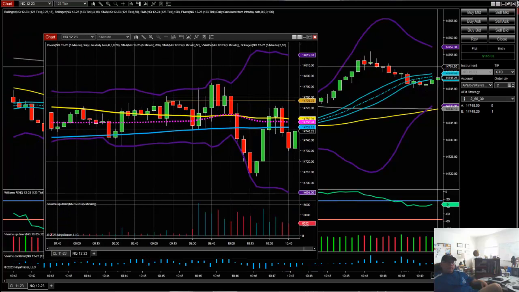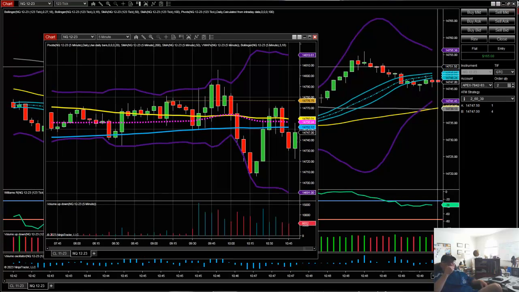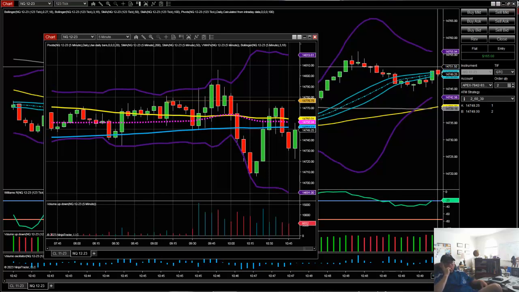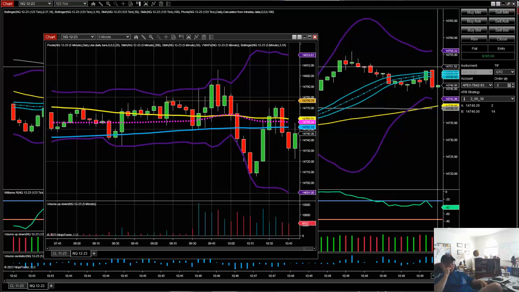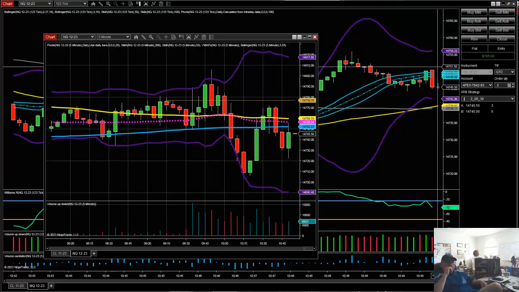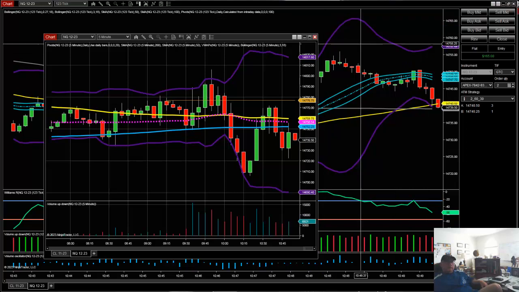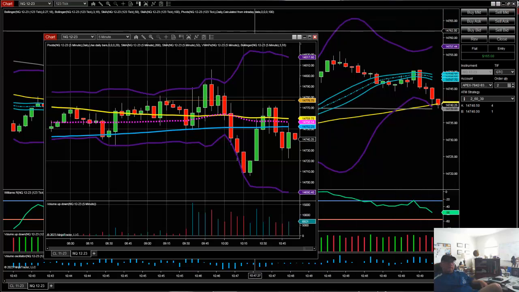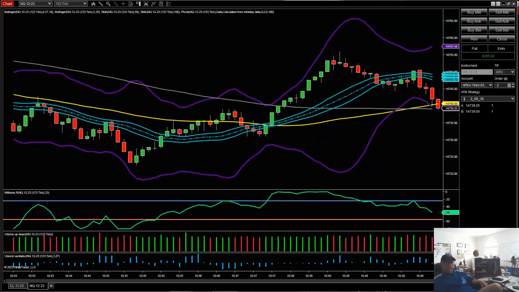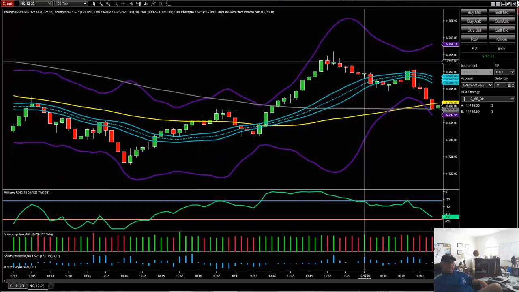So if we're going to get a green bar forming here for this next one, about 10 seconds to form it. There you go, green, inside the red range. It's an interesting setup there.